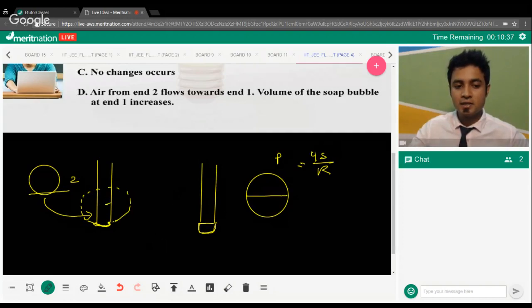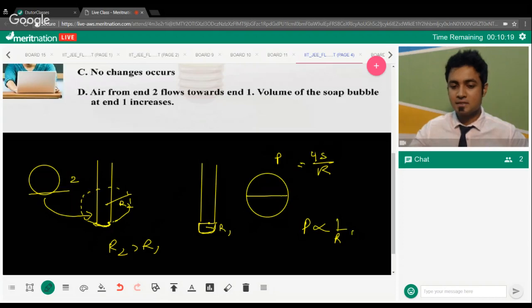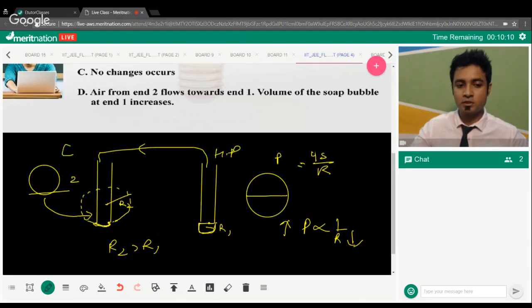So this is r1, this is r2. You know that r2 is greater than r1, and the excess pressure is inversely proportional to the radius. So less is the radius, more is the pressure. So here the gas will flow from here to here, because this is the high pressure condition, this is the low pressure condition. That's why the air will flow from one end to the second end.